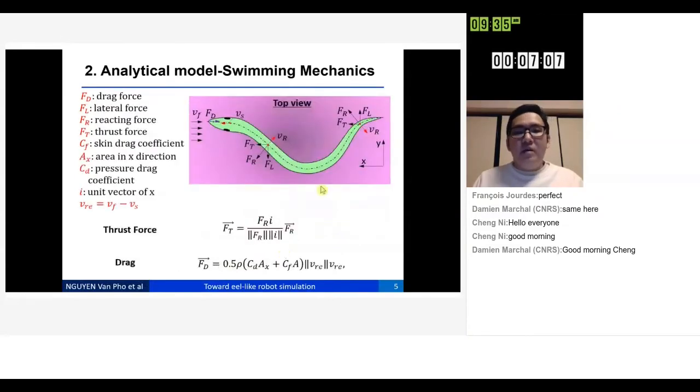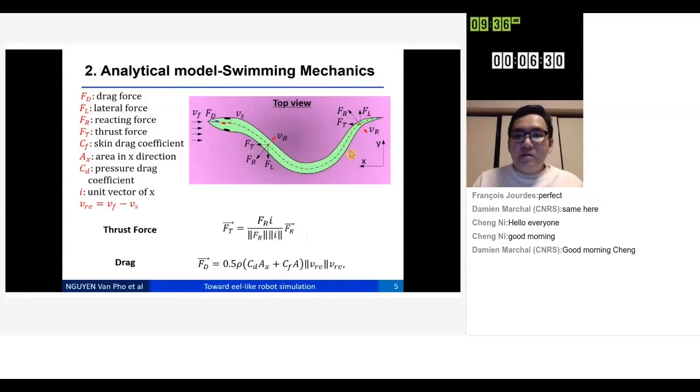For the detail of the swimming mechanics on the top view, when the eel body moves, the surrounding fluid environment exerts a reaction force Fr on this point. By projecting the reaction force Fr on the swimming direction, or x-axis, we get the thrust force Ft in this function.